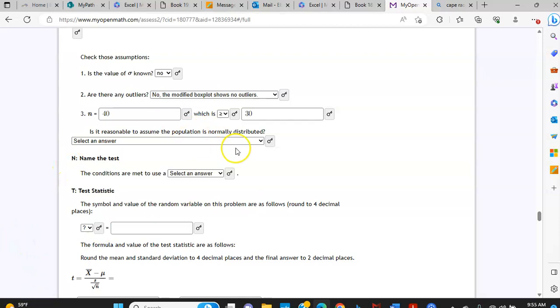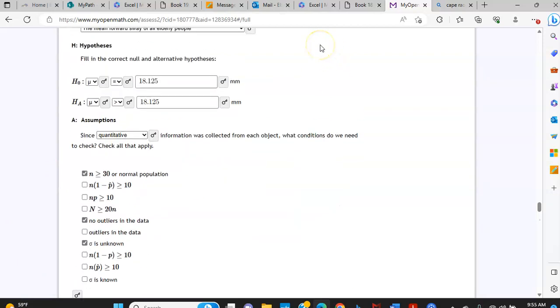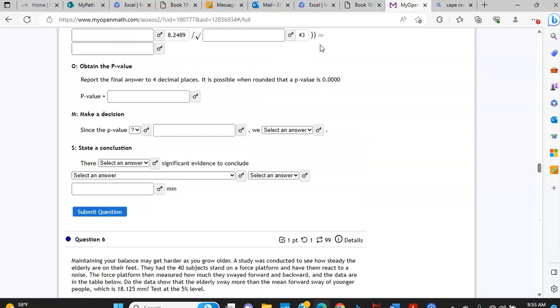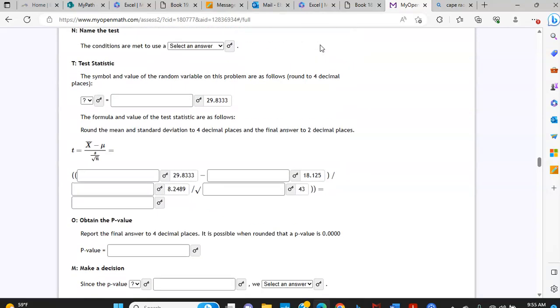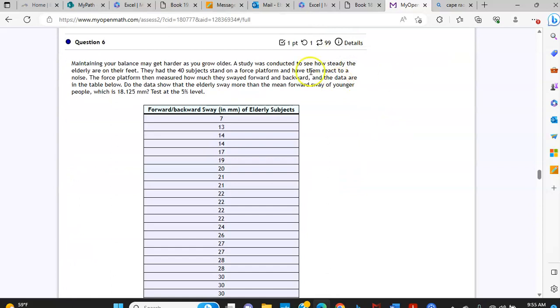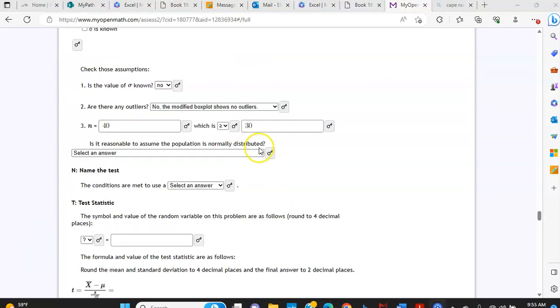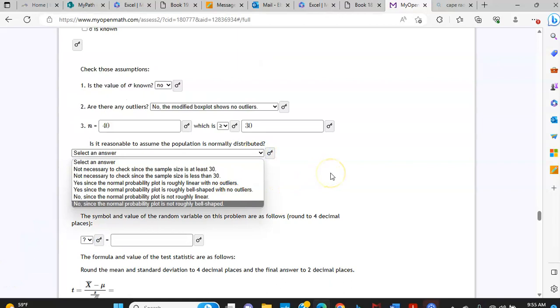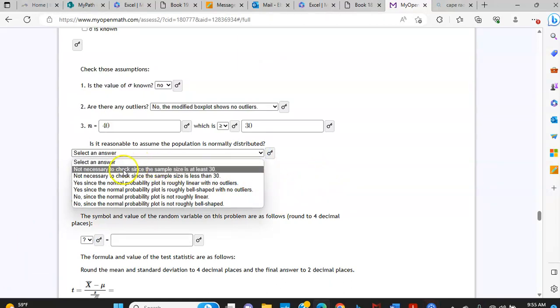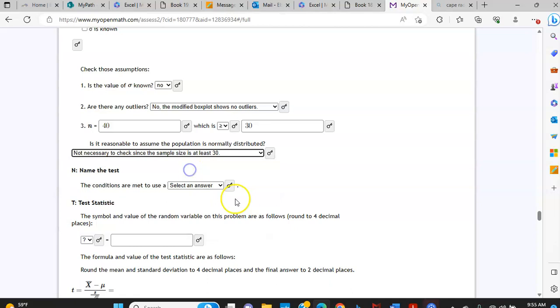Is it reasonable to assume the population is normally distributed? Well, let's see, do we have that it's normally distributed? We do not, but we do know, as we check this drop-down menu, that it's not necessary since the sample size is at least 30.